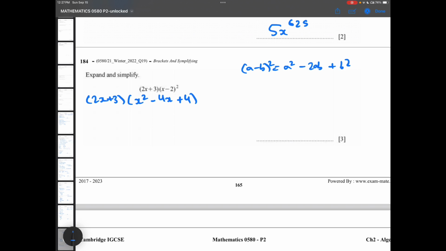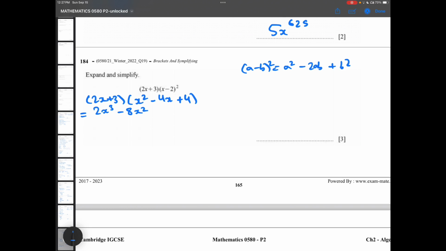See how I get minus 4x? When 2 is multiplied with x, we get 2x, then 2x multiplied with minus 2, we get minus 4x. So now over here we will expand these brackets. The first term is 2x, this will be multiplied with the whole bracket. 2x multiplied with x square, we get 2x cube. Then 2x multiplied with minus 4x, we get minus 8x square.